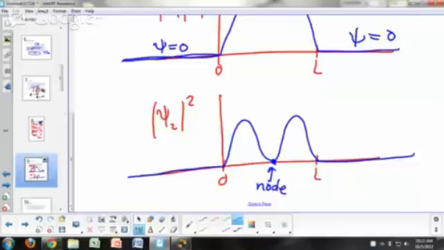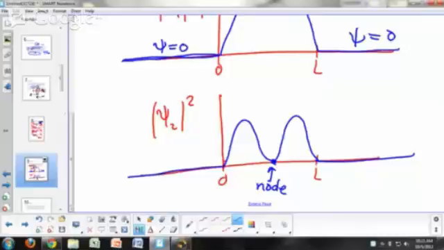That's your node, right? The definition of the node is based on psi itself. So 0 inside the box is the node, and psi is 0 inside your boundaries.